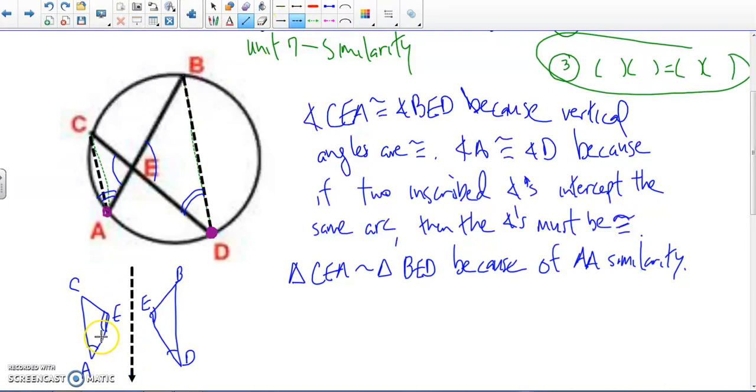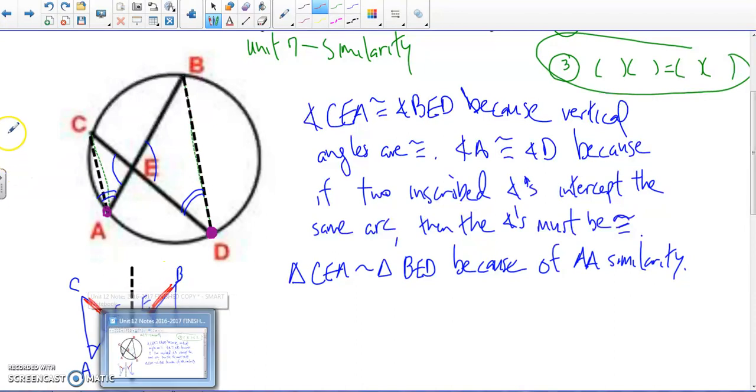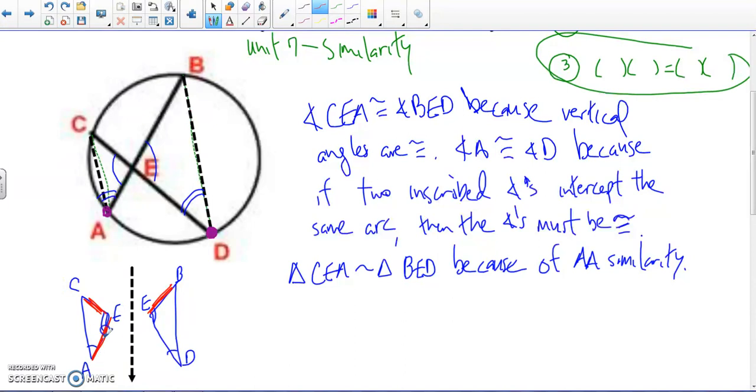So there you go. There's a nice little reflection. So you can see angle A and angle D match up. So side AE and side DE, those are your corresponding sides. So a nice little review of similarity here. So for example, CE and BE, those are the corresponding sides. EA and ED, those are the corresponding sides.